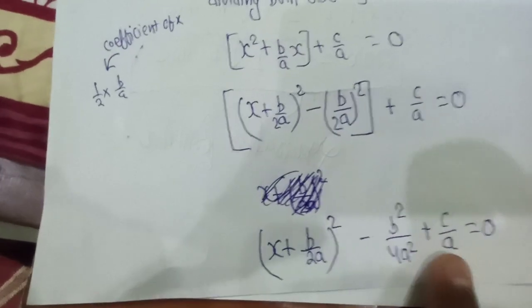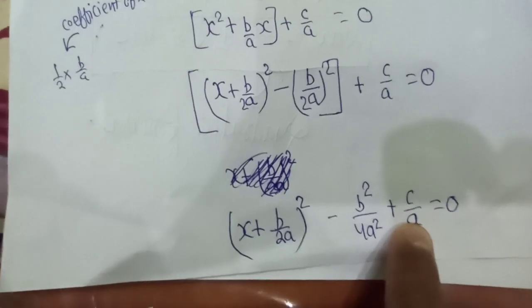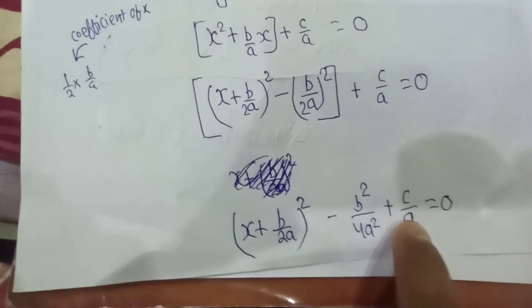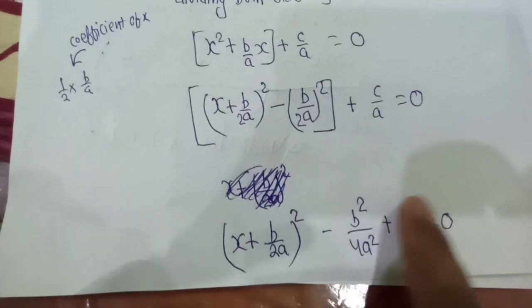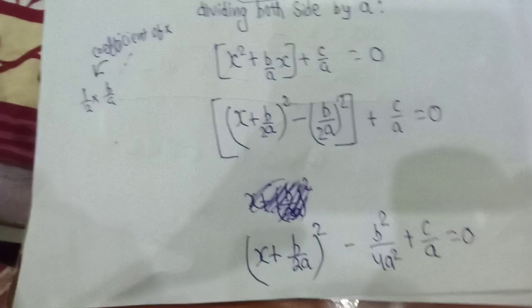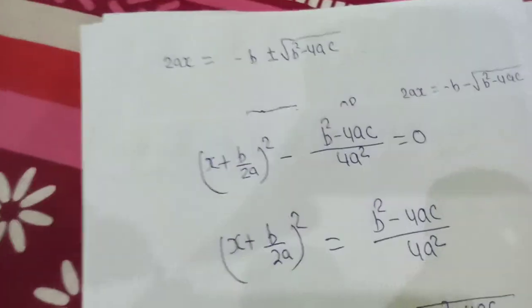If we multiply 4a to a, this will come 4a square. So we will multiply here 4a to c, so this will come b square minus 4ac, which is what has come here.